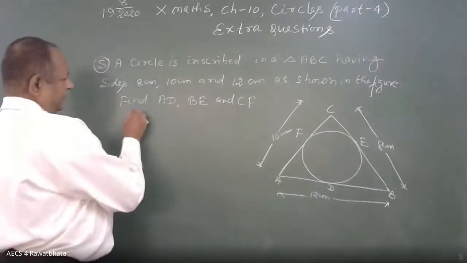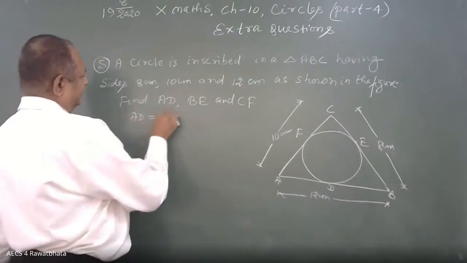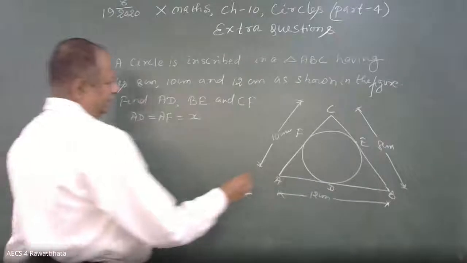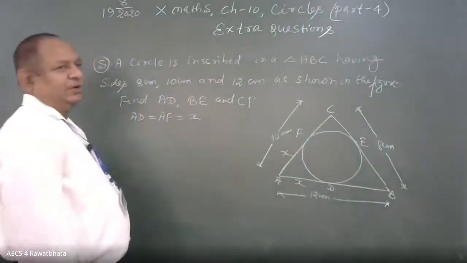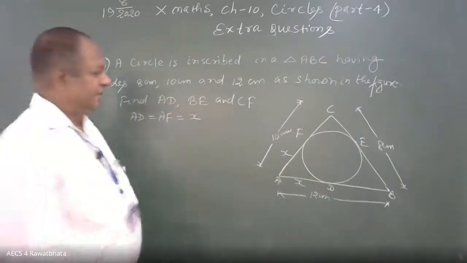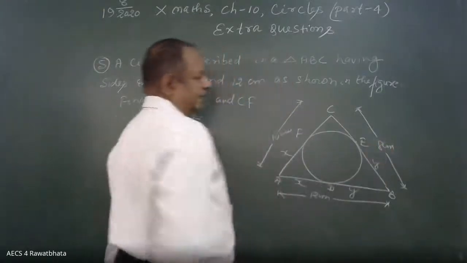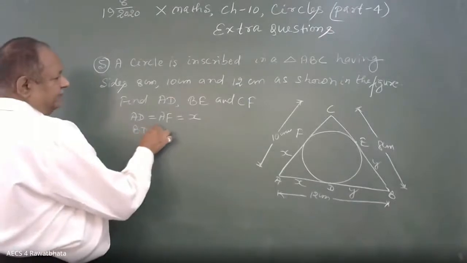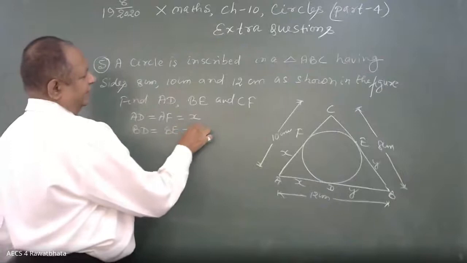So AD will be equal to AF, which is equal to x. Say these two parts are equal to x. This is y. BD will be equal to BE, say y.